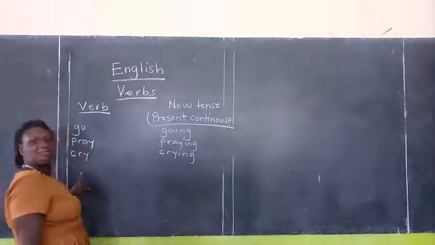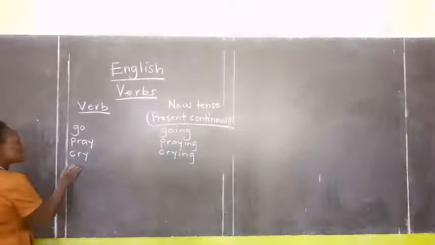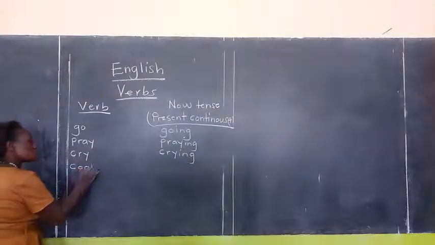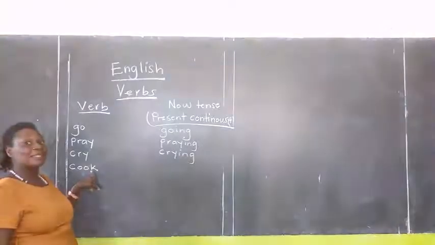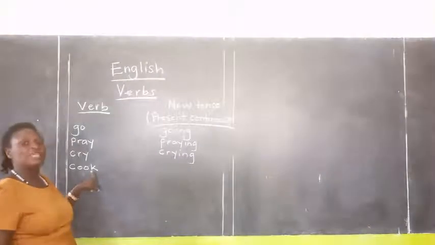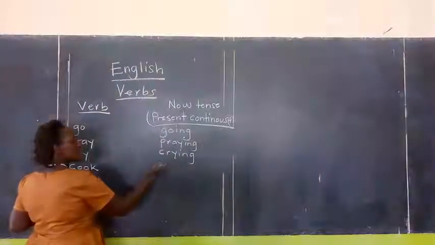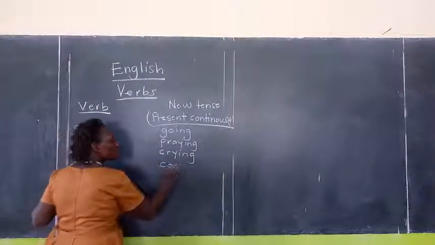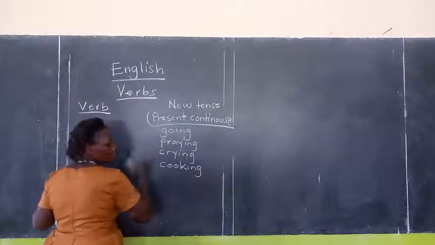You can say the baby is crying. We can have a verb like cook. Cook is a noun, and at the same time, it can be regarded as a verb. We can have cook, then cooking. When the act is going on, we say cooking.